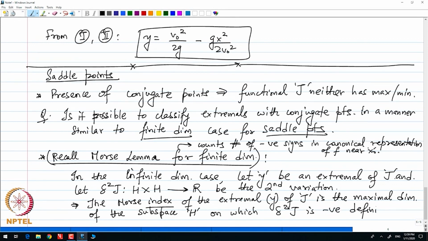Okay. So, that is what the infinite dimensional equivalent of Morse index tells us.